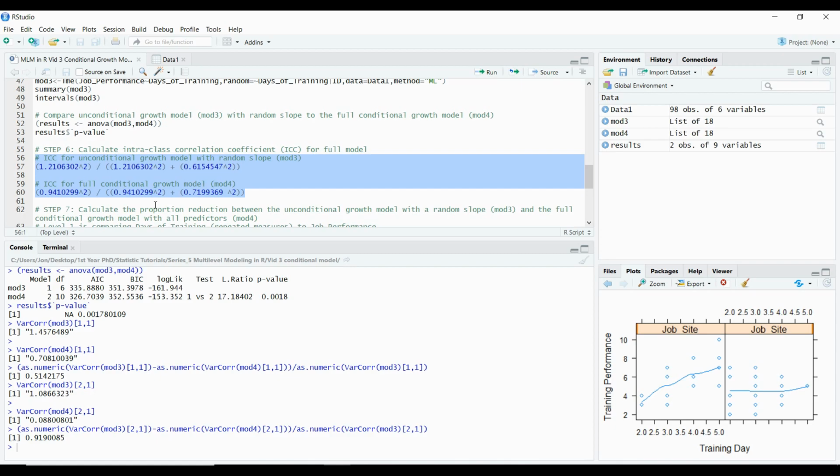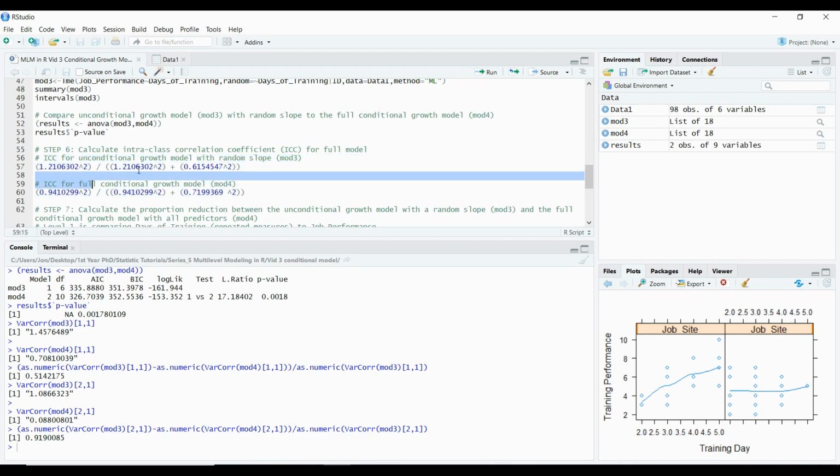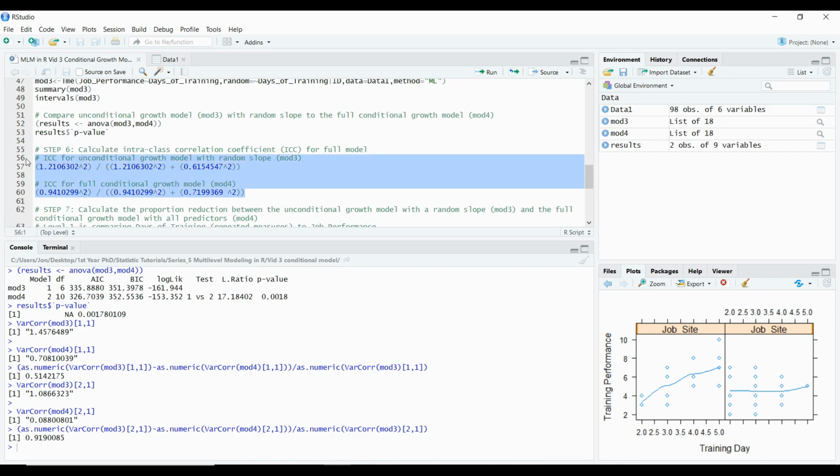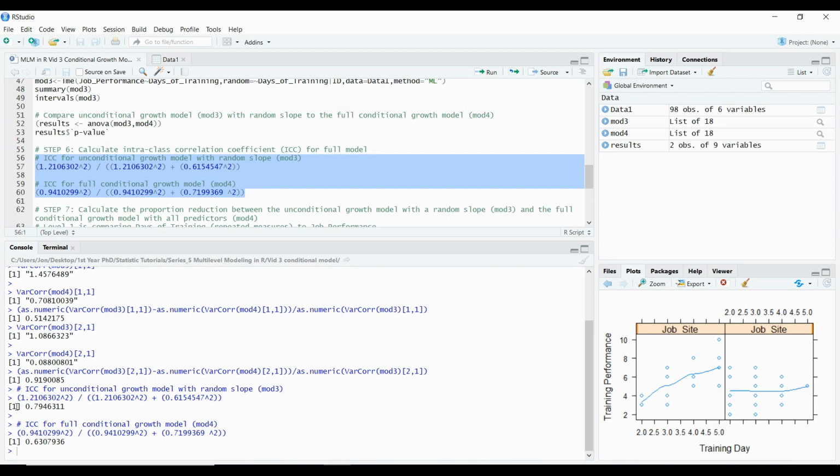So for example, I'm going to run the first one for the unconditional growth model with a random slope, and then I'm going to run it for the full conditional model, which is mod 4, to see how much clustering is evident in each.